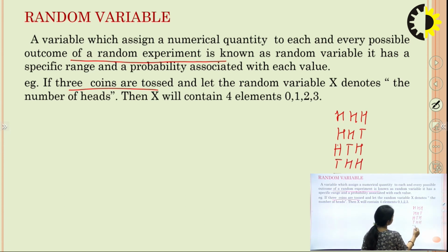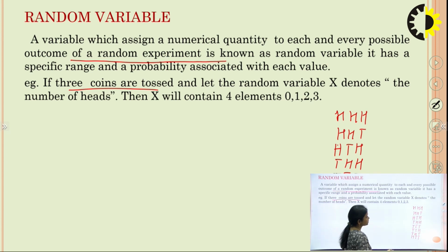Next possibility can be that we got tail on each of the coins, or 2 tails, or this possibility can be obtained, or this possibility can be obtained. So I have listed all the possible outcomes of the experiment of tossing 3 coins simultaneously.